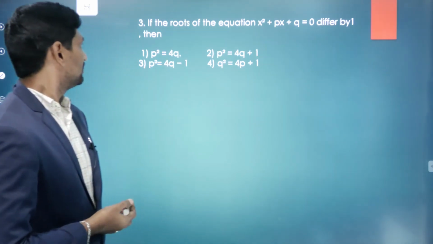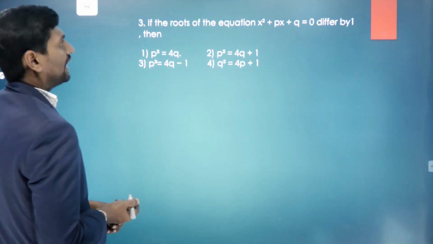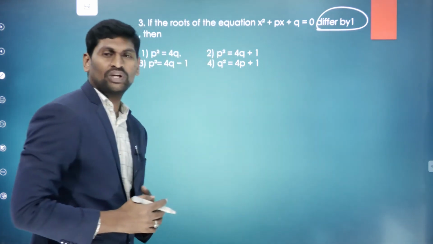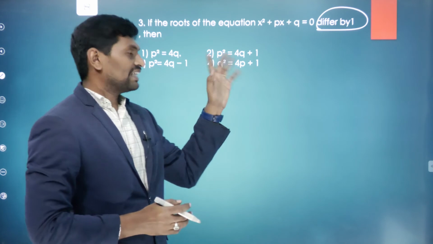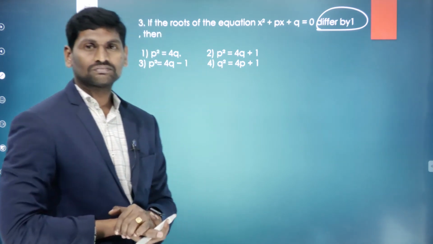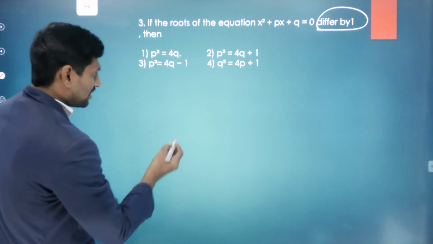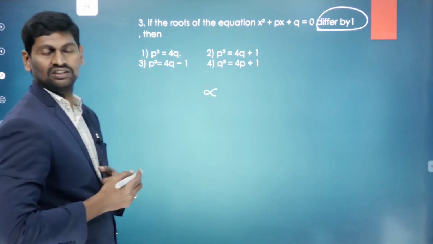Third, roots of the equation differ by 1. Roots of the equation is differ by 1. Then the condition is, for example, I am taking one of the root alpha.